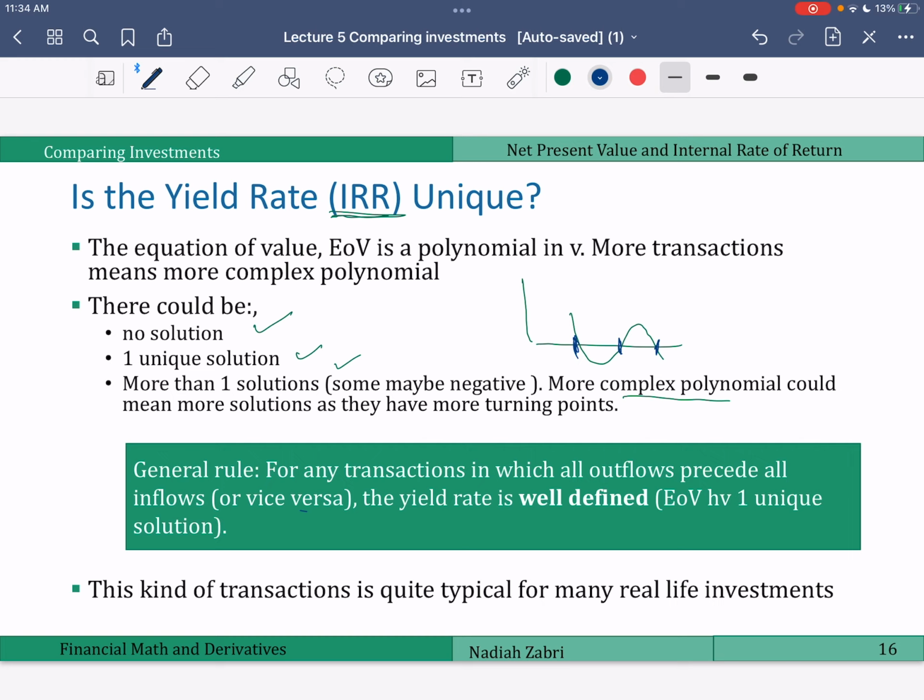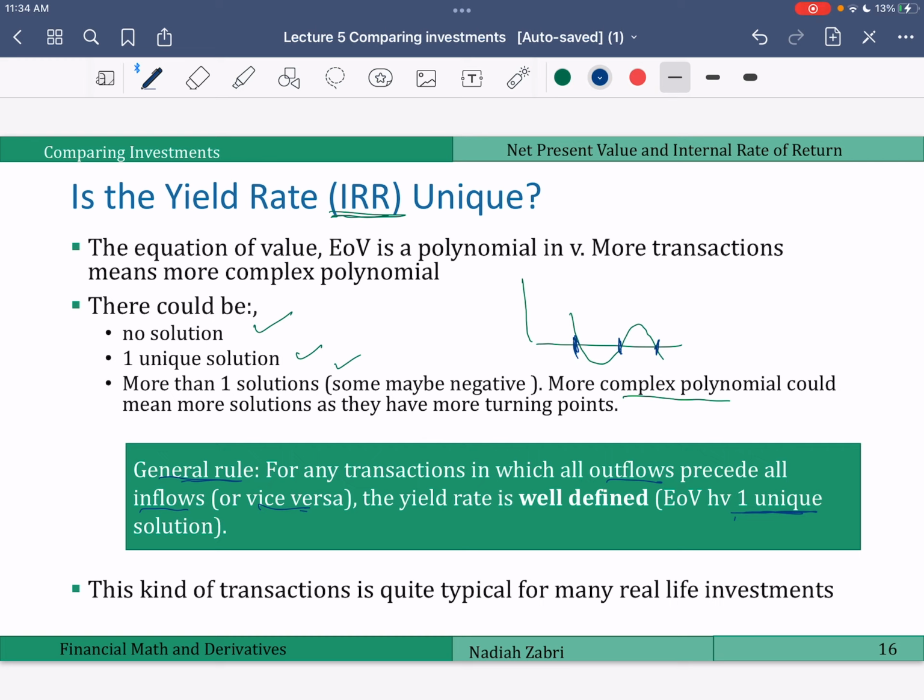However, the general rule is that for any transaction in which all outflows precede all inflows, or vice versa, the yield rate is well defined. Basically, it means that there will only be one unique solution.